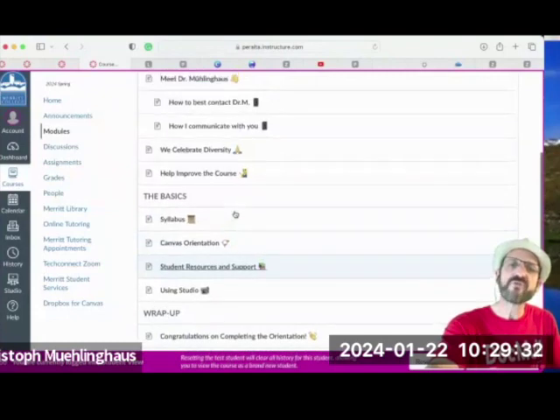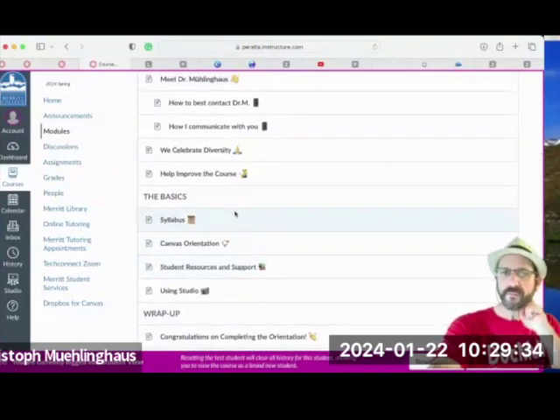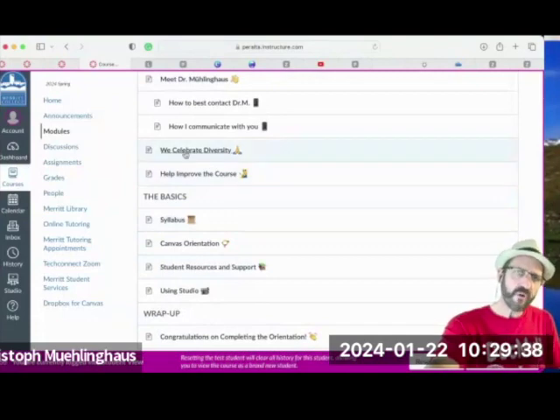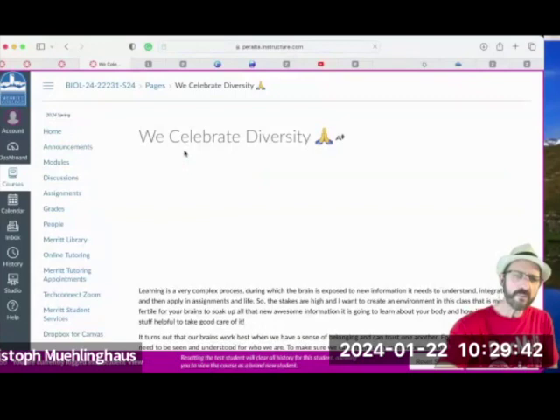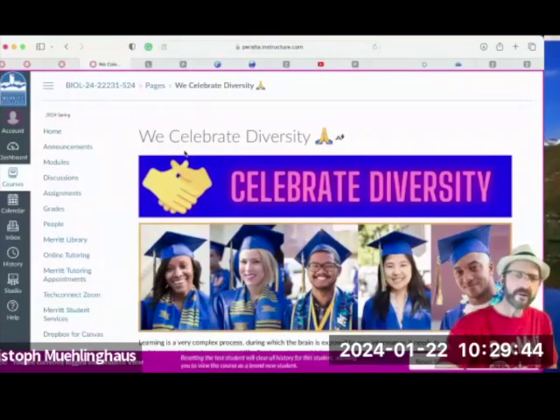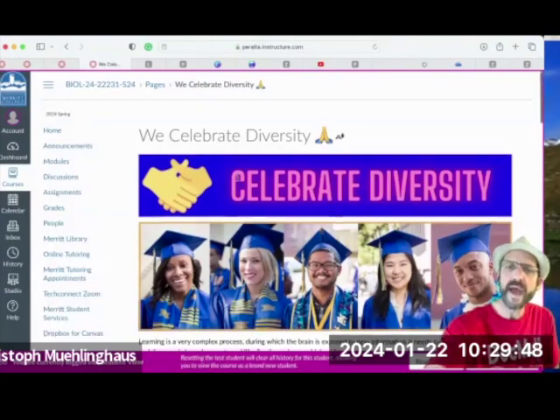Then let's go to the first week, and I'll be touching on the profile right away. Actually, we could do that first because it goes together with the diversity tab page.